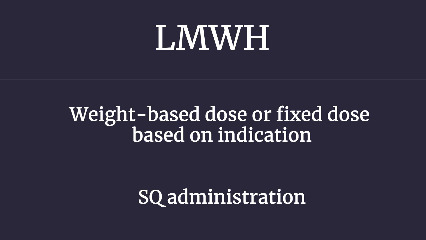It's given sub-Q in both instances, whether you're using it therapeutically or prophylactically, but the dose is different, either fixed dose for prophylaxis or weight-based dose, milligram per kilogram for therapeutic anticoagulation. And it is administered sub-Q, so that's very much less complicated than unfractionated heparin. And it's either given every 12 hours or every 24 hours based on indication as well as the renal adjustment.